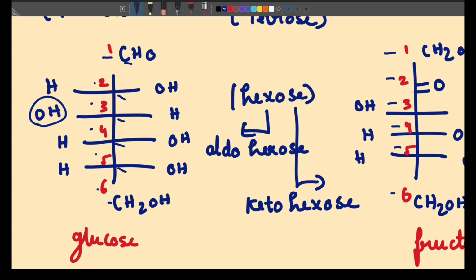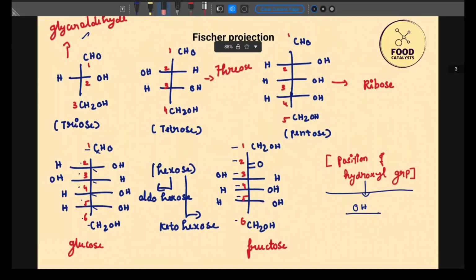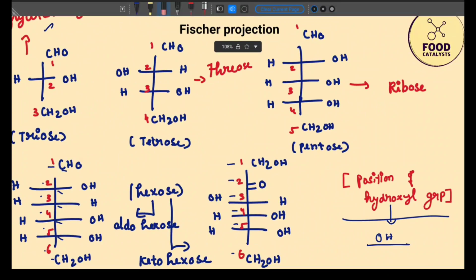Here we can see in the third carbon, OH is placed on the left side. That means that is a glucose. So the position of the hydroxyl group will ultimately determine the structure of a component. This is the actual reason behind the Fischer projection.